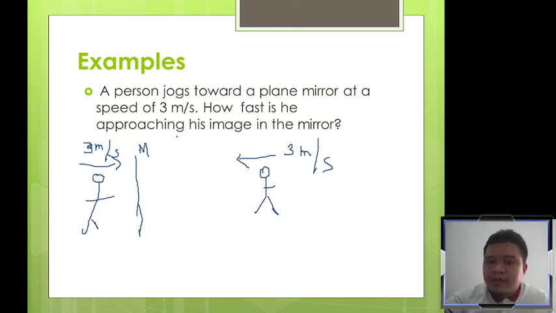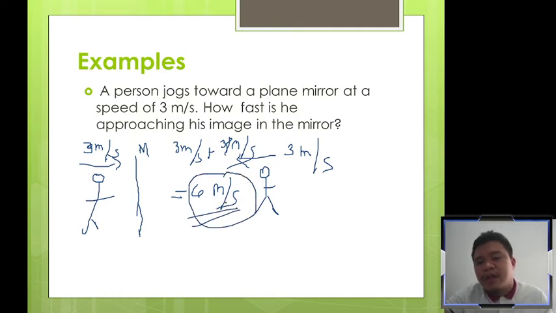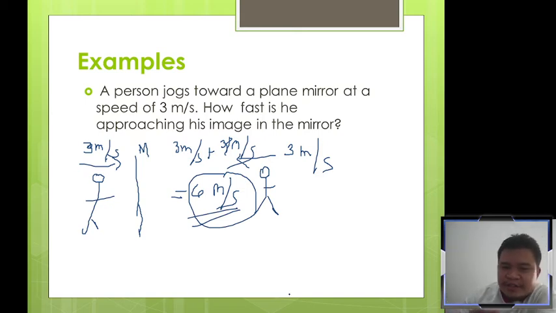So we have to add up 3 meters per second plus 3 meters per second. That means the relative speed should be around 6 meters per second. That's how fast this person seems to be approaching his image. Okay, so that's how we solve this problem.